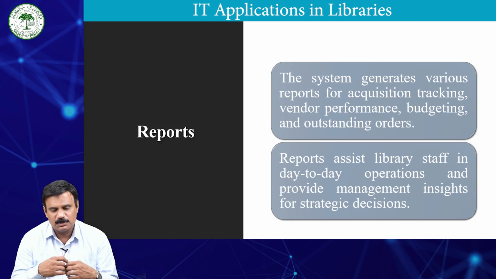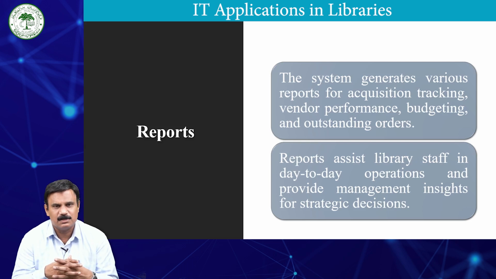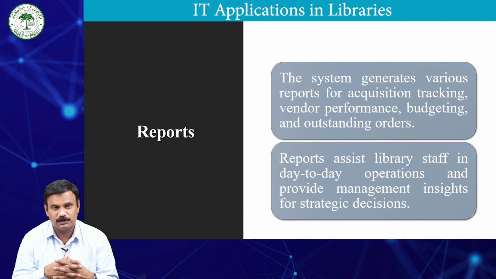These reports assist library staff in day-to-day operations and provide management insights for strategic decisions. These reports become records for the acquisition system about the tracking of acquisition, performance of vendors, the budget utilized, and various outstanding orders.